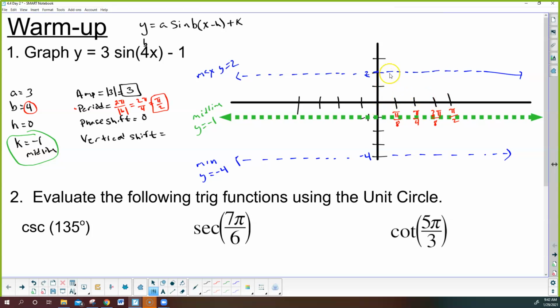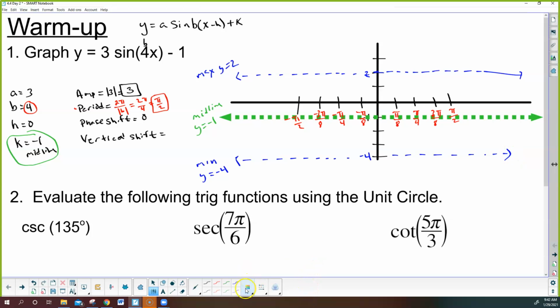And that's going to tell me where my max, minimum, midline all are. Now I do want to also graph to the left, and notice if every tick mark is pi over 8, then I can just mirror these, but instead of going to the right, it's negative. So that's -1 pi over 8, -4 pi over 8, negative 3 pi over 8, and then negative pi over 2.